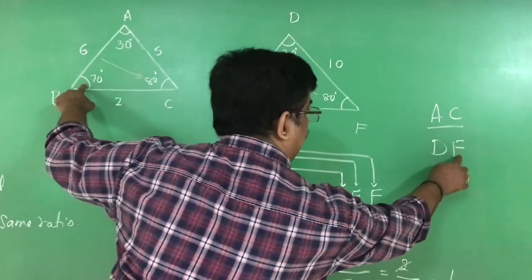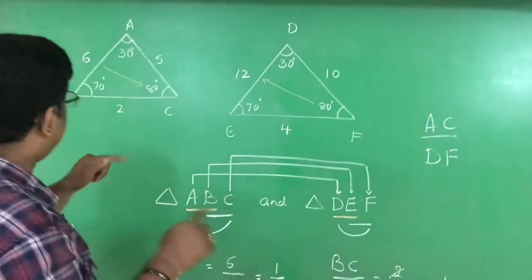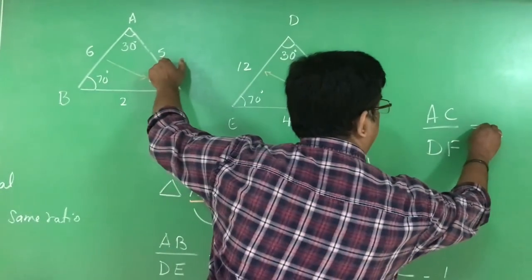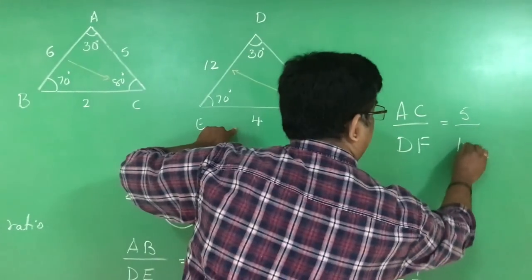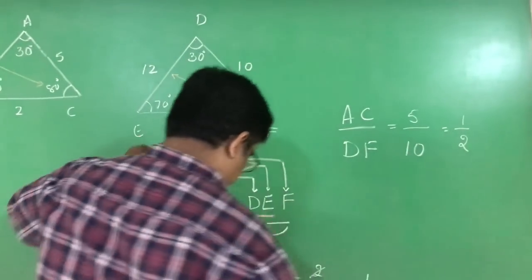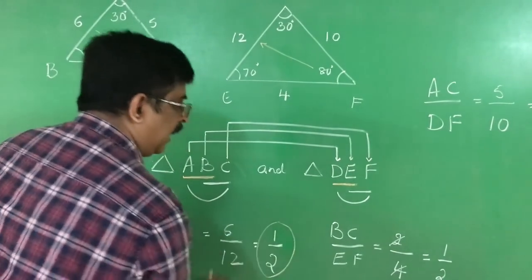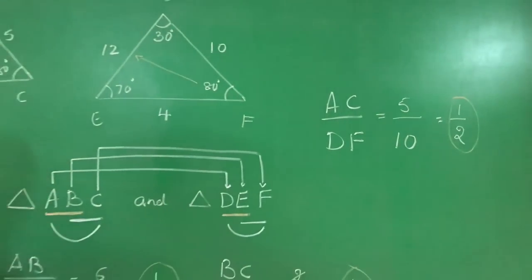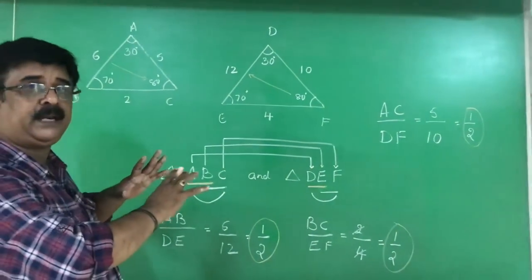Then DF is also opposite to 70 degrees. Then what is the length of AC? Length of AC is equal to 5. What is the length of DF? DF is equal to 10. What is the ratio there? 5 ones are 5, 5 twos are 10, so 1 by 2. See the ratios. The ratio of their corresponding sides are equal. The corresponding sides are there in the same ratio.